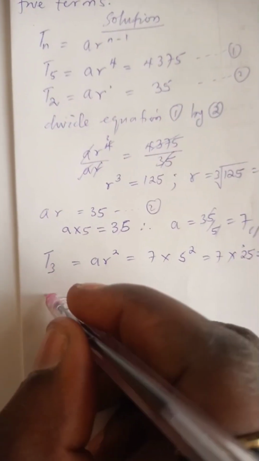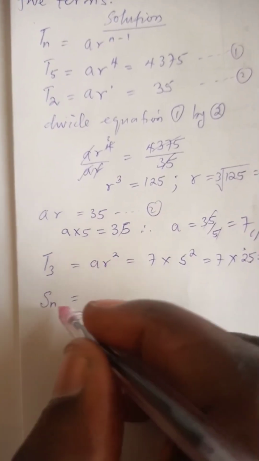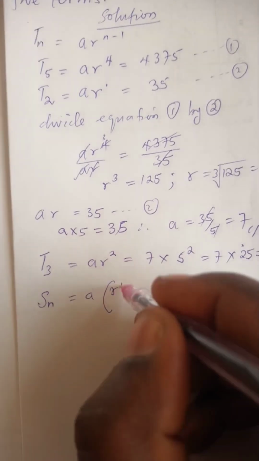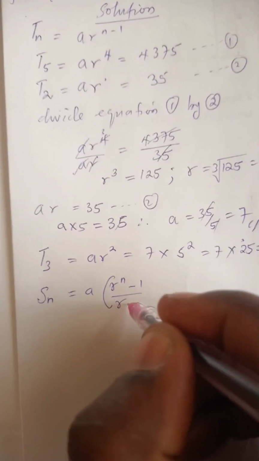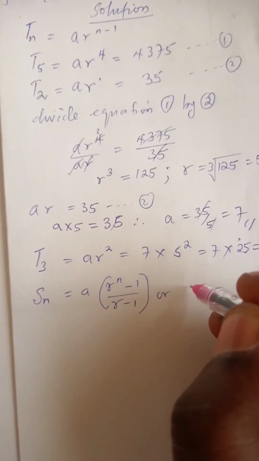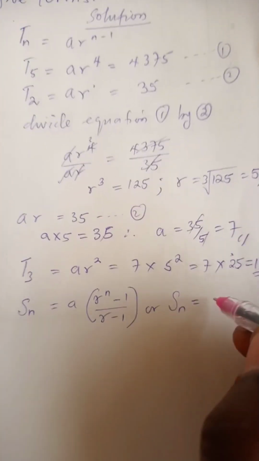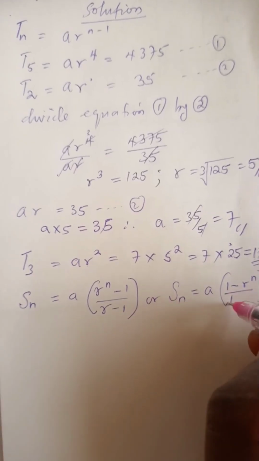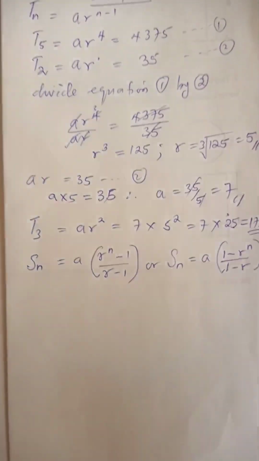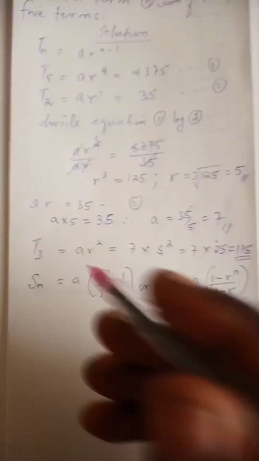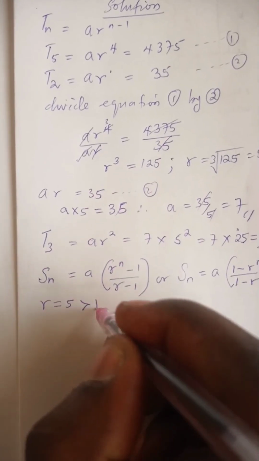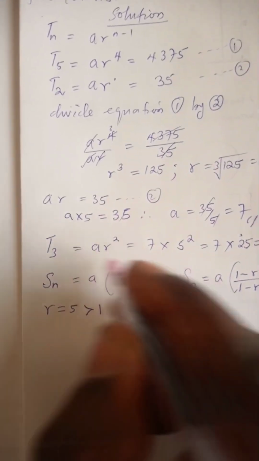Now recall that the sum of terms has a general formula Sn, which is equals to A, open bracket, R raised to power n minus 1 over R minus 1, or Sn is equals to A, open bracket, 1 minus R raised to power n divided by 1 minus R. So the question is, which formula are we going to use based on the information that we have gathered? Now, if you recall, our R is 5 and 5 is greater than 1. Therefore, we use the first equation.